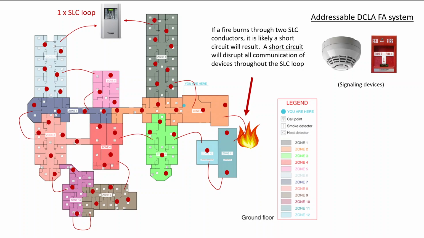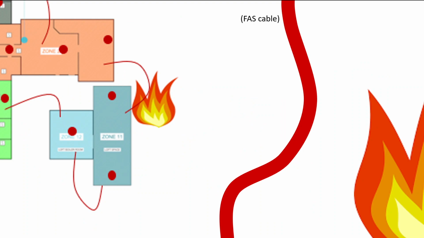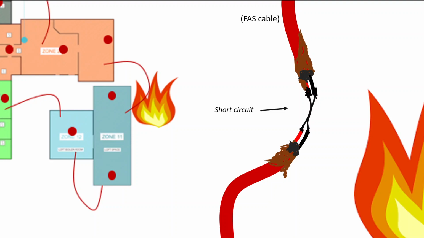So what I mean is this. There's my FAS cable, it's getting burned through, the insulation is burned through, and two wires get shorted together due to melting. What this will result in is an interruption of communication between any device anywhere on those two wires. And so that would be a big problem.